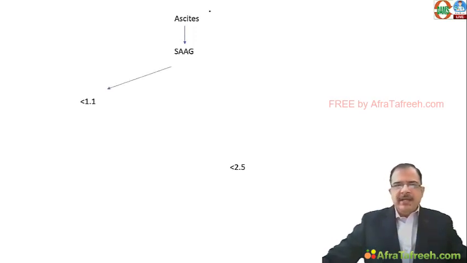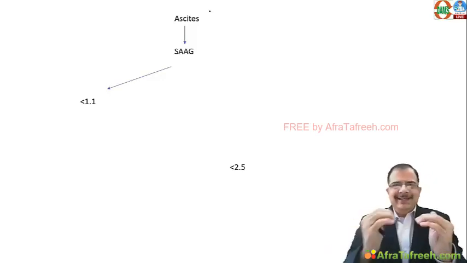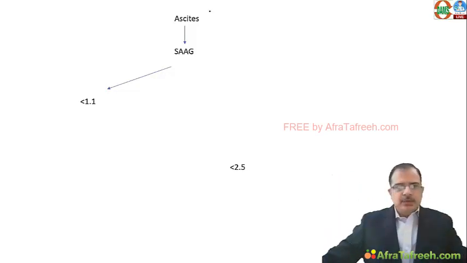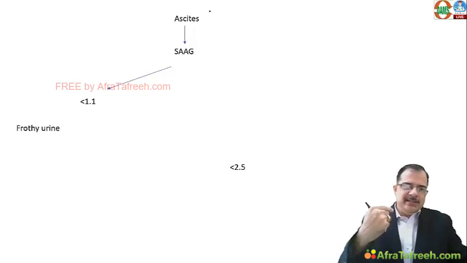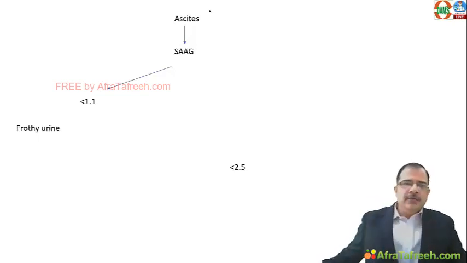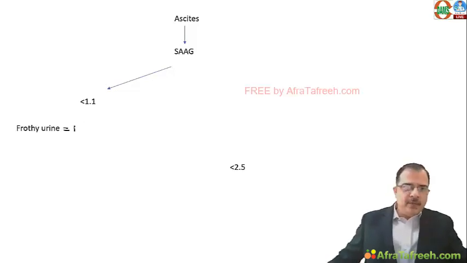If the score is less than 1.1, that means either the serum albumin is low or the ascitic albumin is high. Depending on the clinical case, if the examiner says the symptom is frothy urine, that is a keyword. Frothy urine means there is protein in the urine, so it is due to low serum albumin, which happens in nephrotic syndrome.